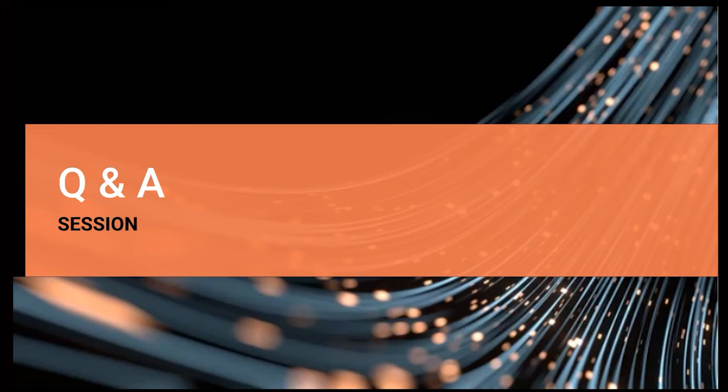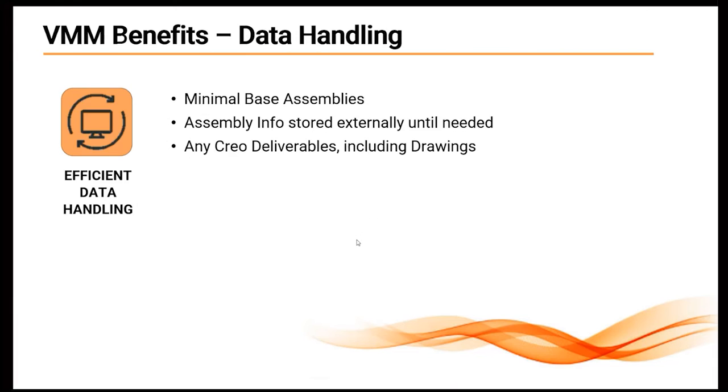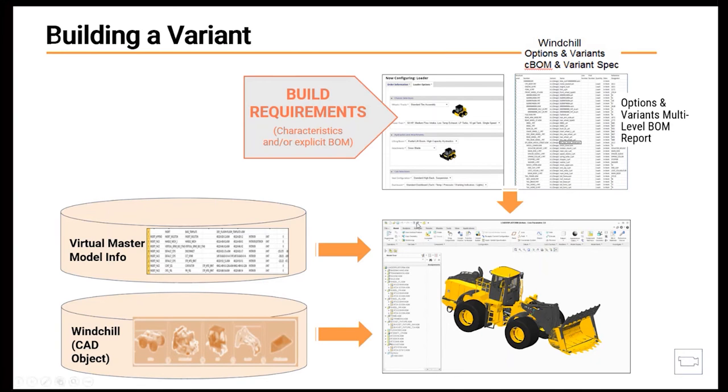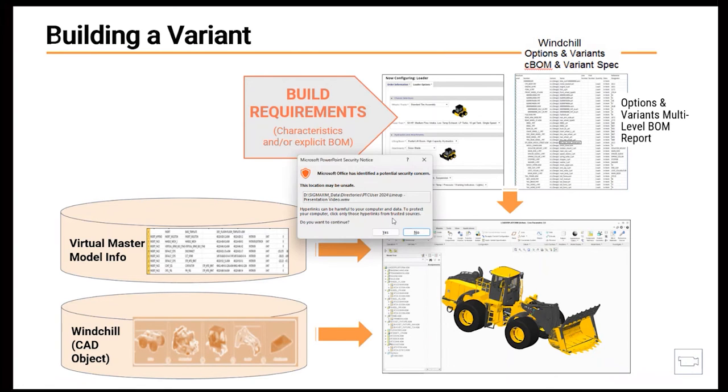Okay, the next question is, how are errors flagged and resolved during the building of the VMM? Yeah, so it's actually so interesting. Usually when we build stuff like that, I'm going to open this one, and hopefully I picked the right one.